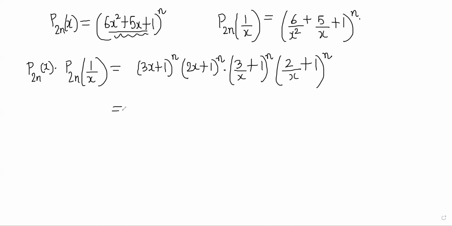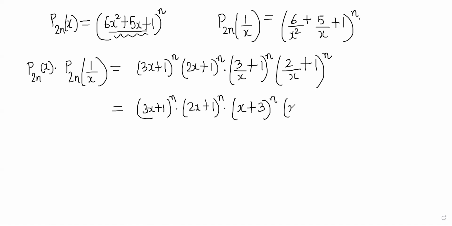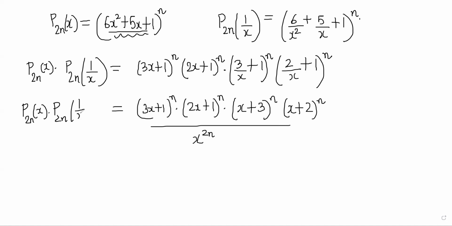Upon simplifying this a little bit, you will get (3x plus 1) power n times (2x plus 1) power n and (x plus 3) power n and (x plus 2) power n divided by x power 2n. That is the product of P2n of x and P2n of 1 over x.